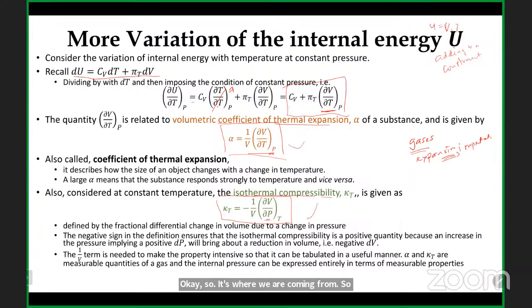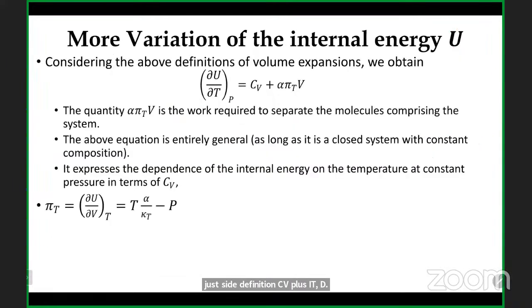These are just side definitions: Cv plus pi T dV/dT. If you put all of it together, we arrive at dU/dT at constant pressure is Cv plus alpha pi T and V. The internal pressure, from a future class, has also been derived to be related to alpha over kappa T.